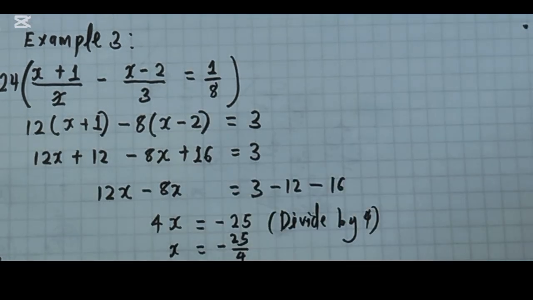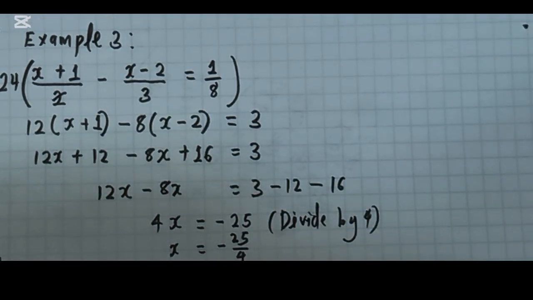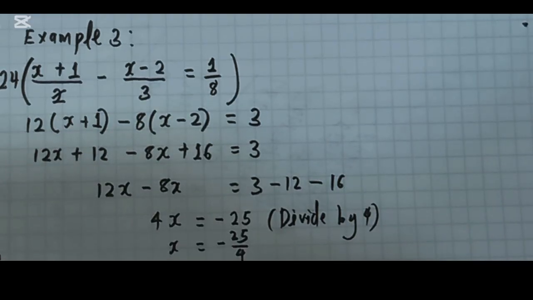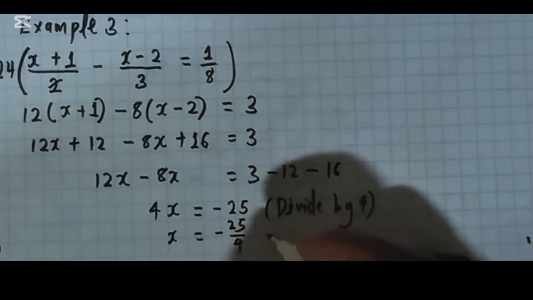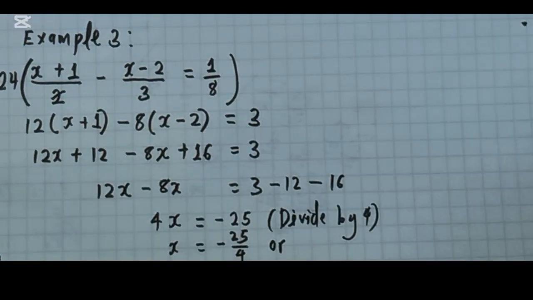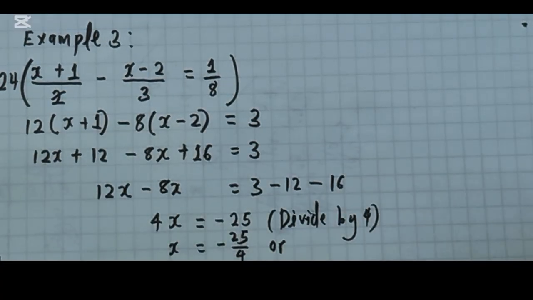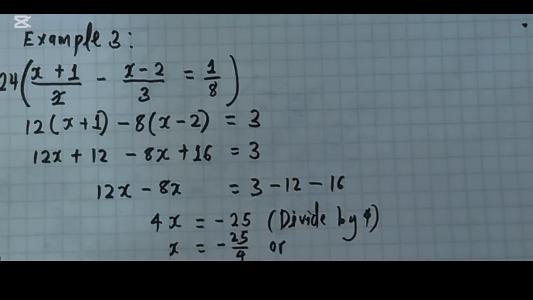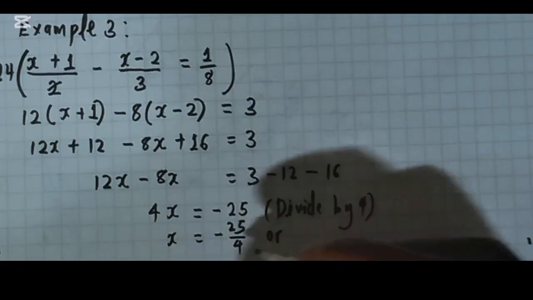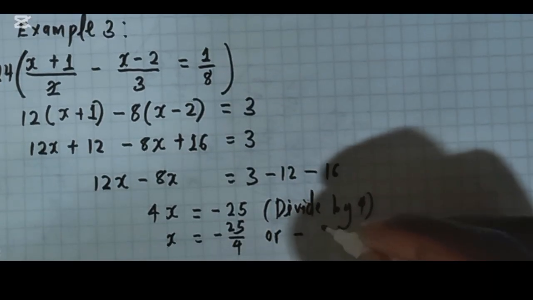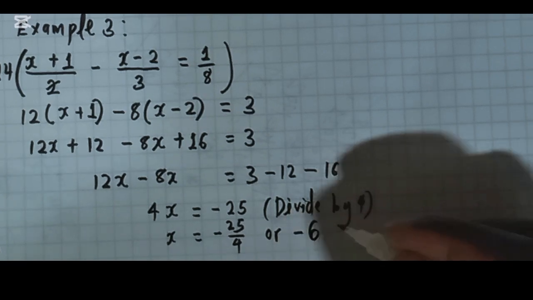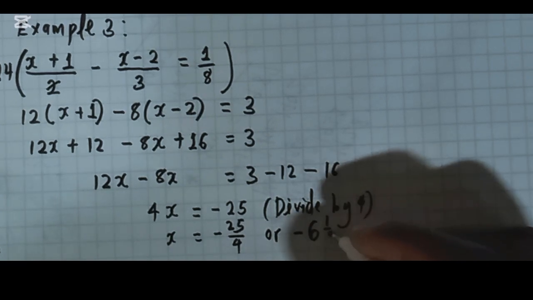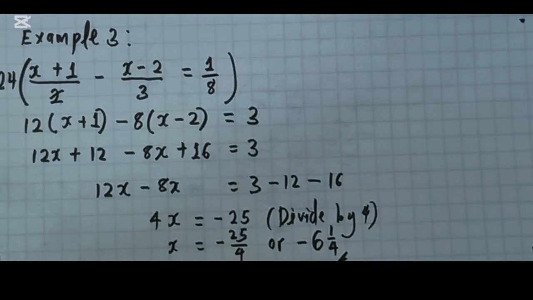Which we can simplify further. If we simplify it and write it as a mixed fraction in this particular case, it will be negative 6 and a quarter.